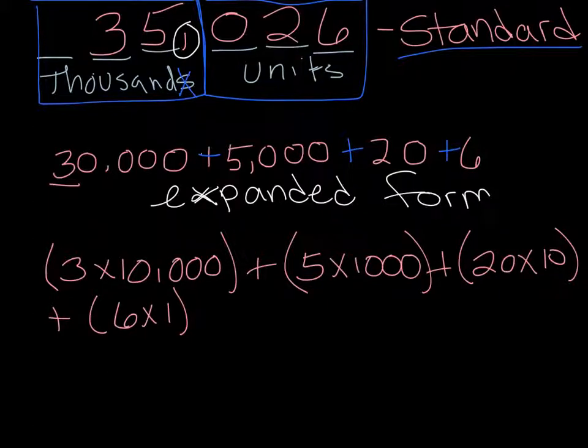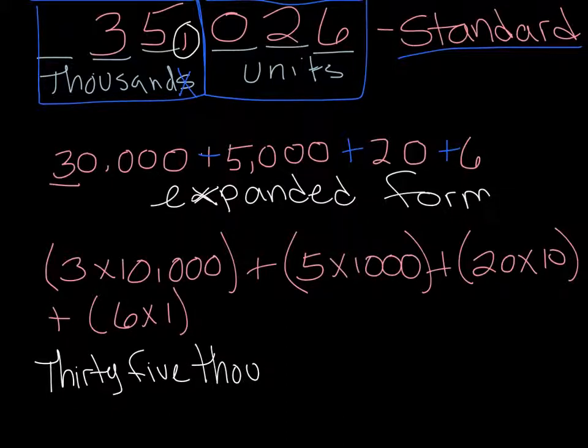Now we come to our final way of showing this number, which, maybe you've already guessed, is written form. Our probably favorite thing to do is to write a large number like this in written form. And to do that for this number, we would write 35. There can be no numbers, it has to be all words. 1,000.